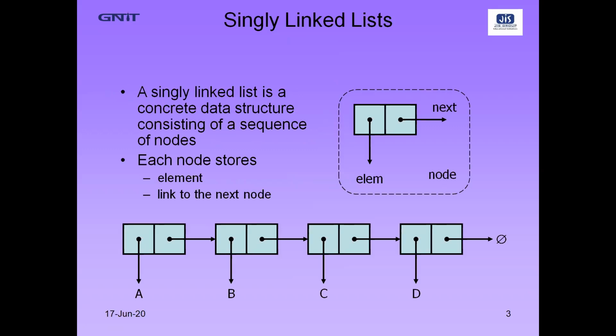Basically, an array is a static data structure. The total number of spaces to keep data elements in an array, once defined in a source program, remains constant during execution time of the program. So during execution time, we cannot change the size of an array, as I already told.